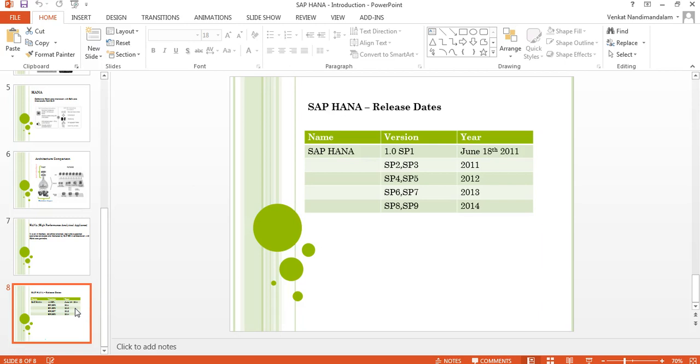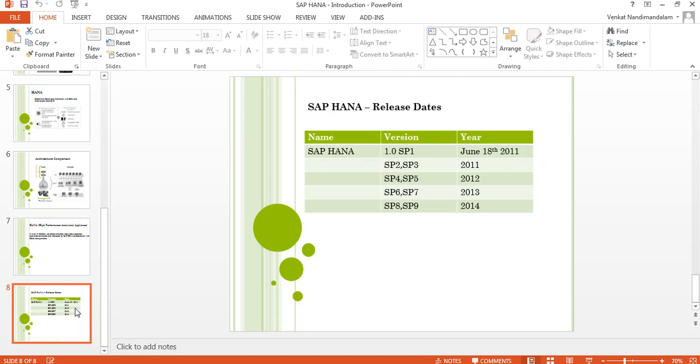We had service packs 2 and 3 in 2011, 4 and 5 in 2012, and 6 and 7 in 2013. The latest service pack, released just 1 month back at the end of November 2014, is SAP HANA 1.0 SP9. This is the latest HANA version we have.